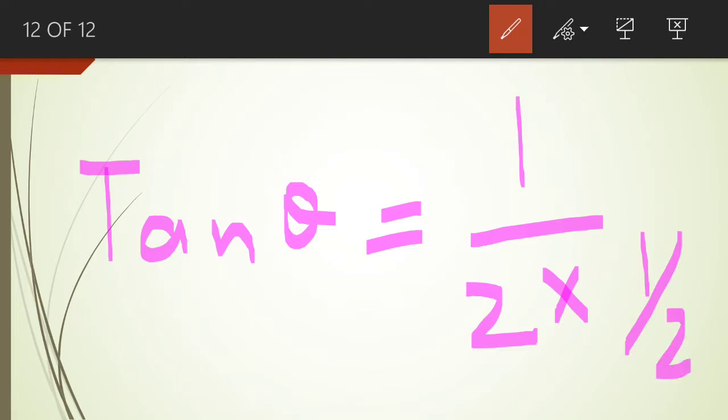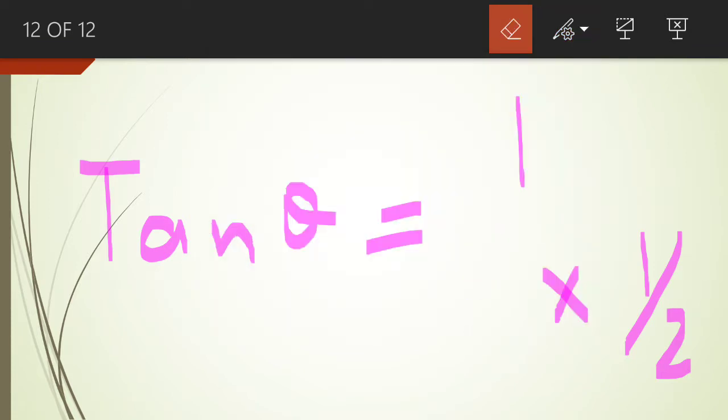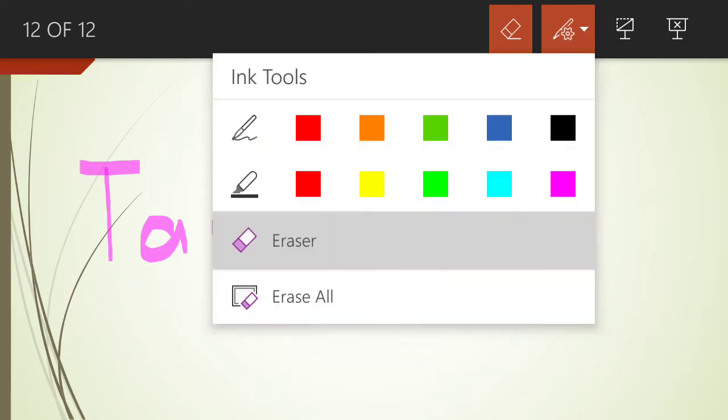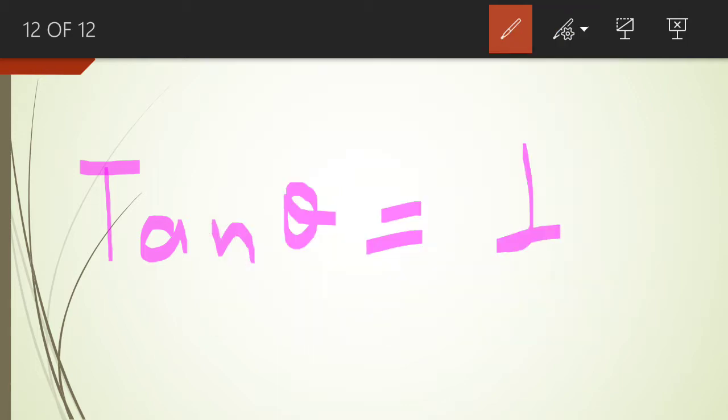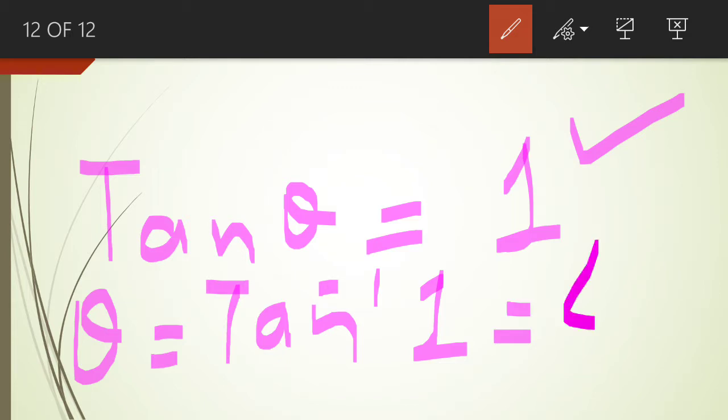So we get tangent theta, and tangent theta comes out to be 1. So we calculate tangent theta in this particular case, which is 1, and we calculate theta from here. So theta will be equal to tangent inverse 1, and tangent inverse 1 is 45 degree.